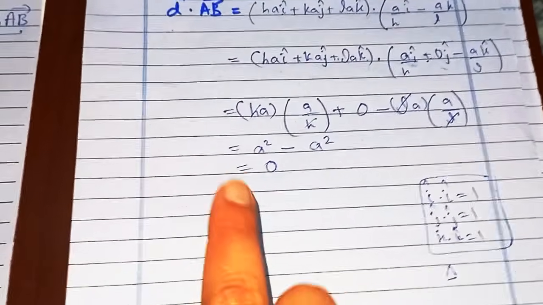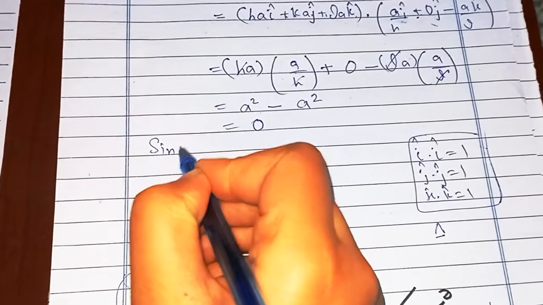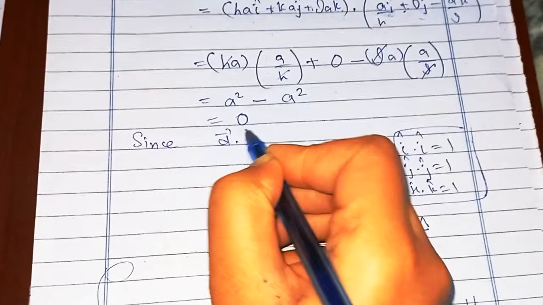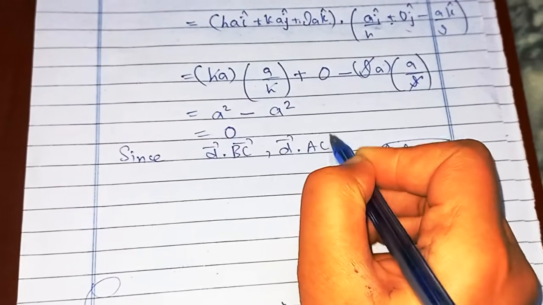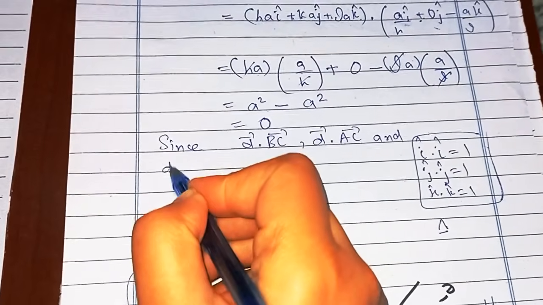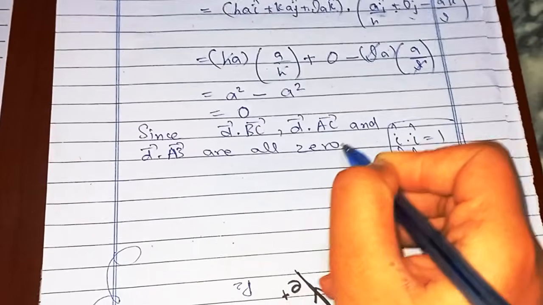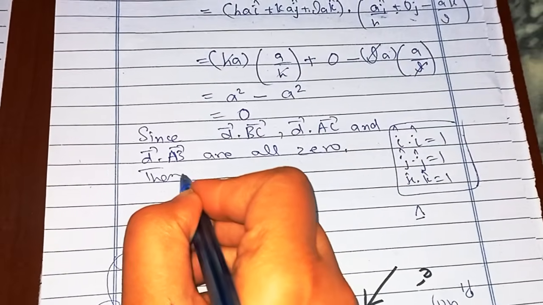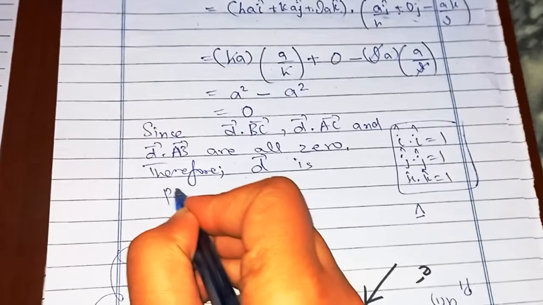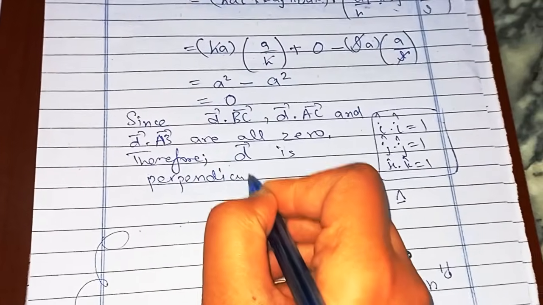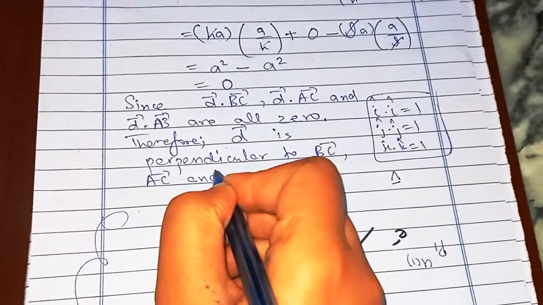All right, so in this way we have seen that all these dot products are 0, since D dot BC, D dot AC and D dot AB are all 0. Therefore D is perpendicular to BC, AC and AB.